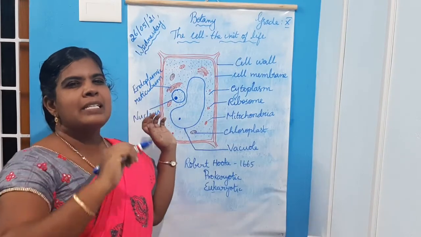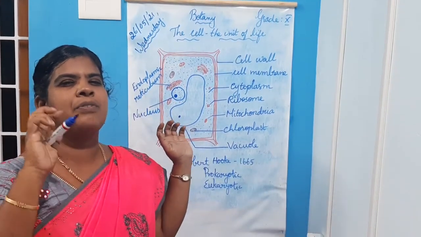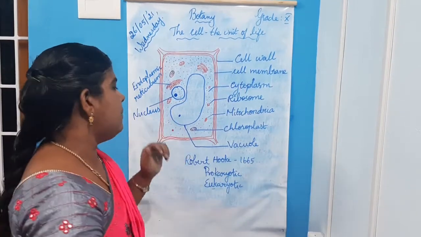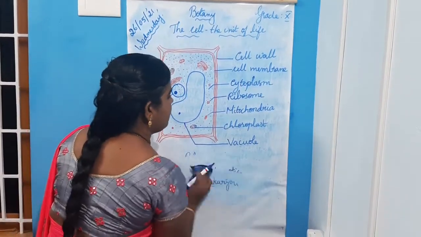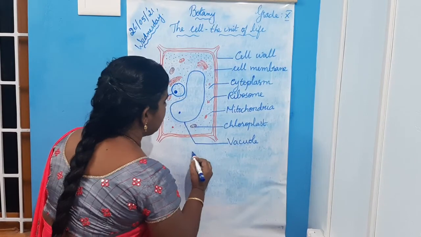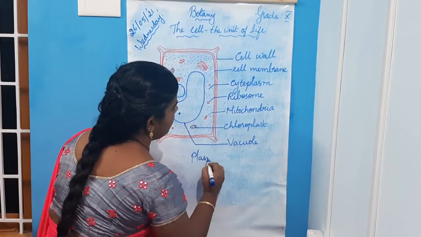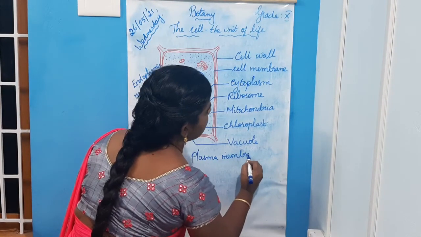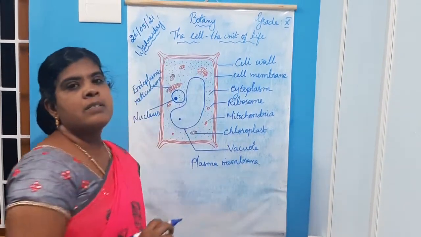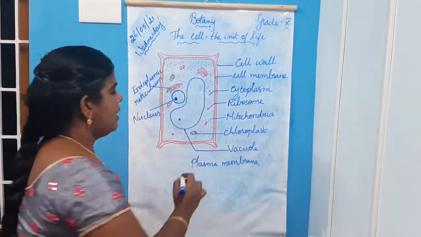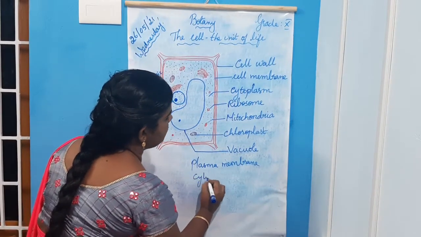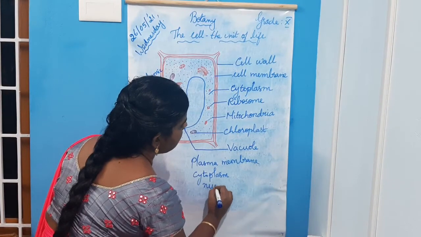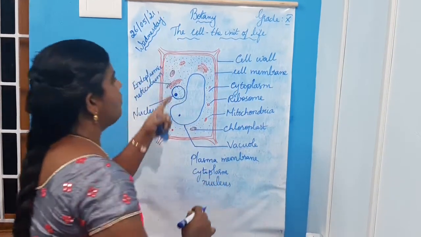So, if we take a cell, the cell is formed of three main components: plasma membrane, then the cytoplasm, and the nucleus.